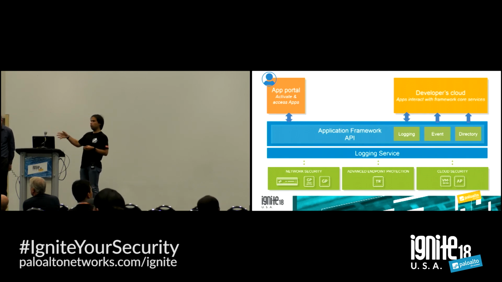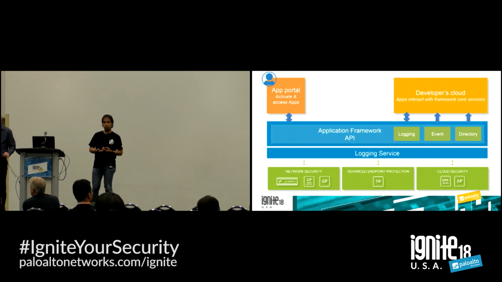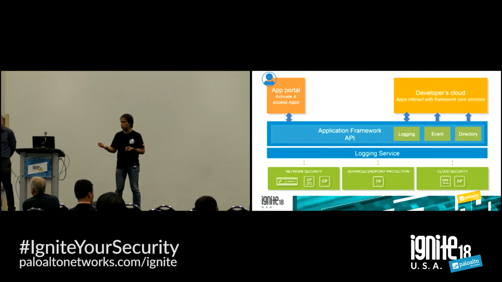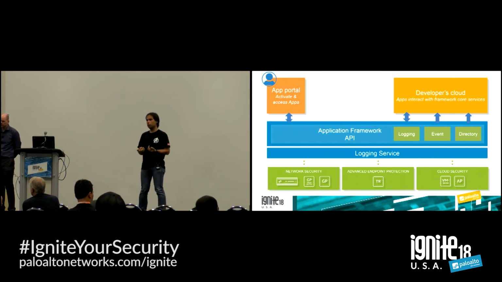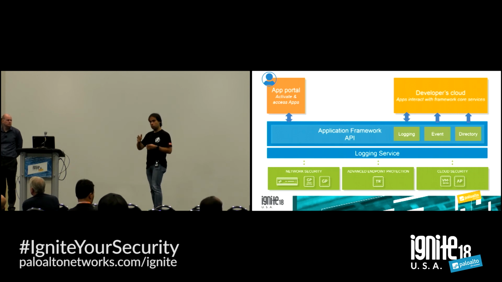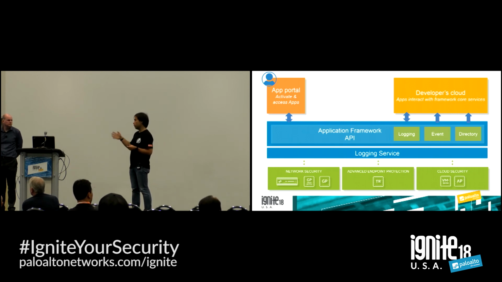As you can see in the bottom, all the network security information from our firewalls, the endpoint information from Traps, cloud information from Aperture is being sent to our data lake through a service called the logging service. So again, we collect and we provide a place where you as a customer can store lots of security-related information from Palo Alto Networks. And through the application framework API, customer applications or partners can access that information if you give them consent to.